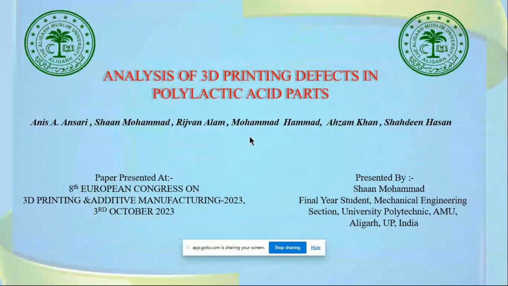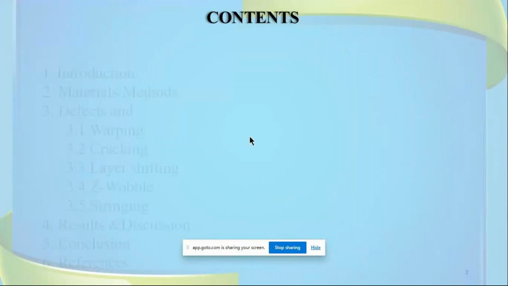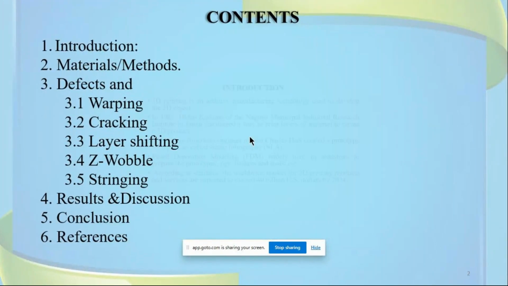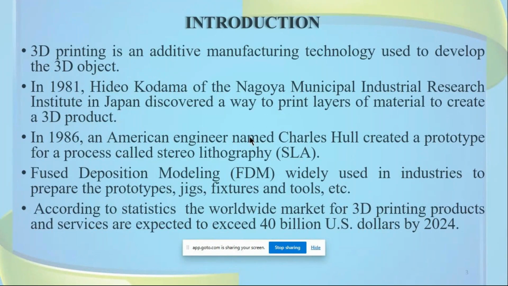Here I'm presenting my paper on analysis of 3D printing defects in polylactic acid parts. Basically, 3D printing is an additive manufacturing technology which is used to develop 3D objects in industries, and industries use this technology for increasing productivity.